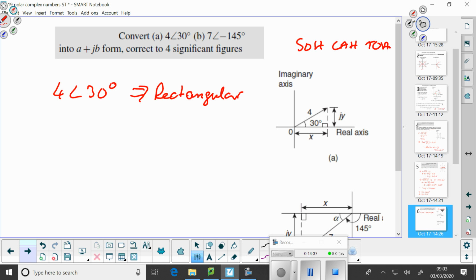Cosine, yeah? Cos 30 is equal to X over 4. Therefore, X is equal to 4 cos 30 degrees.